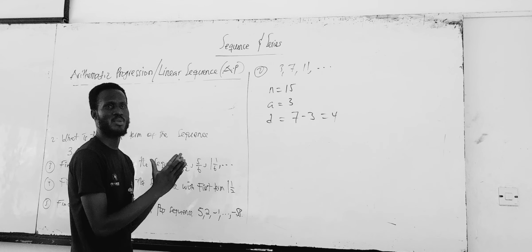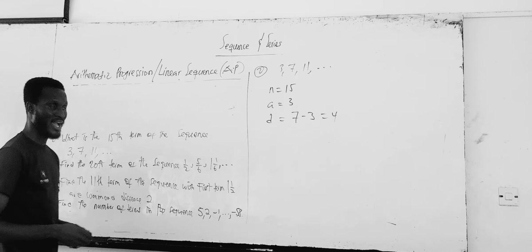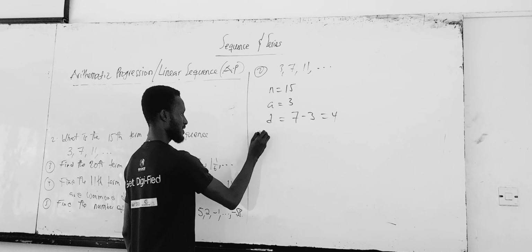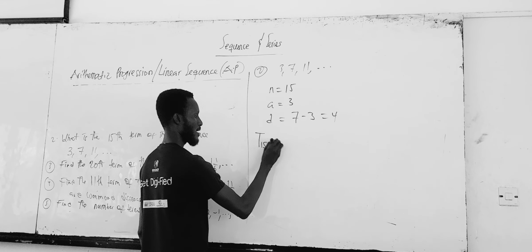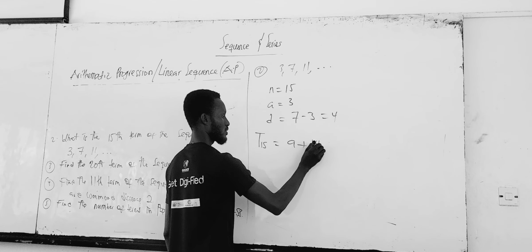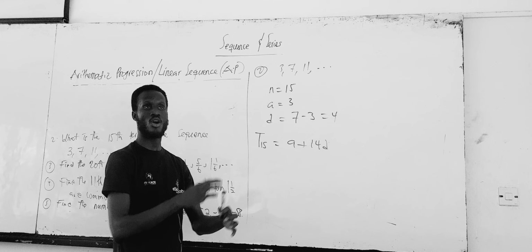Now this one, it depends on how you want to solve. For the 15th term, I can just quote a direct formula. The 15th term, T15, where n is 15, has the formula a plus 14d, right? I hope you remember. That's why you need to be able to generate all the rest.